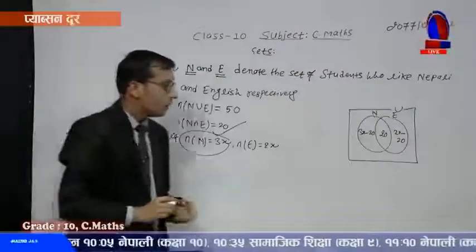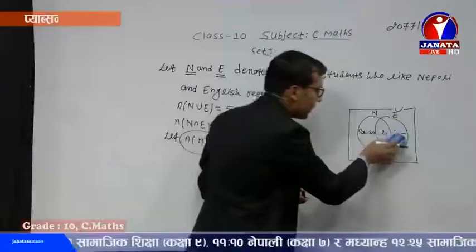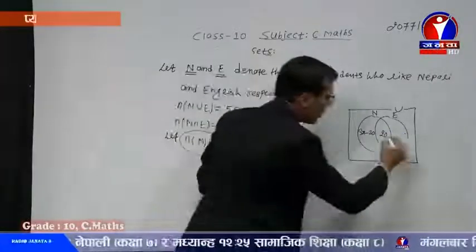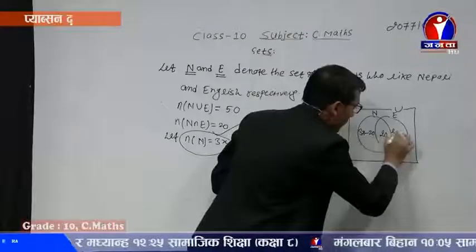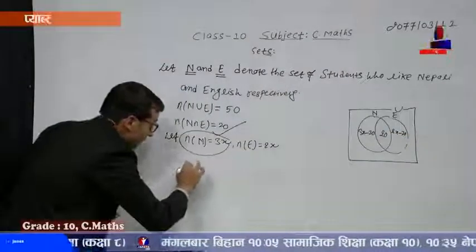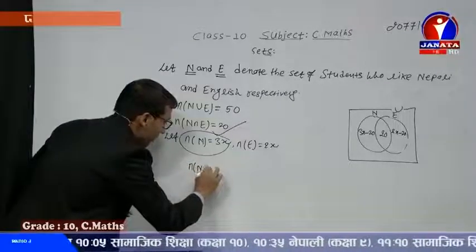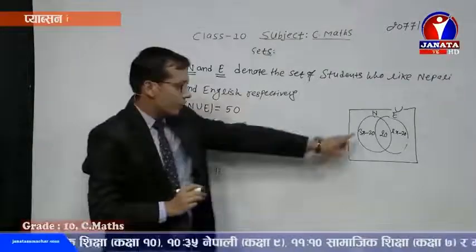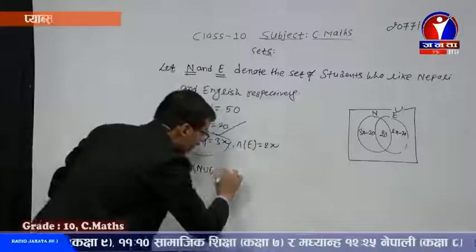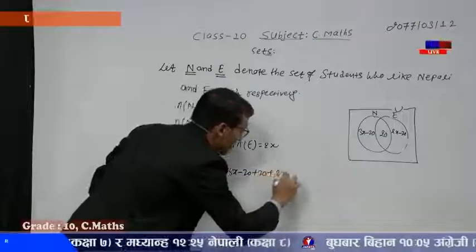Okay, so with the help of this diagram, we can solve for x. From the Venn diagram, what is n of N union E? This is N only plus intersection plus E only. So 3x minus 20 plus 20 plus 2x minus 20.